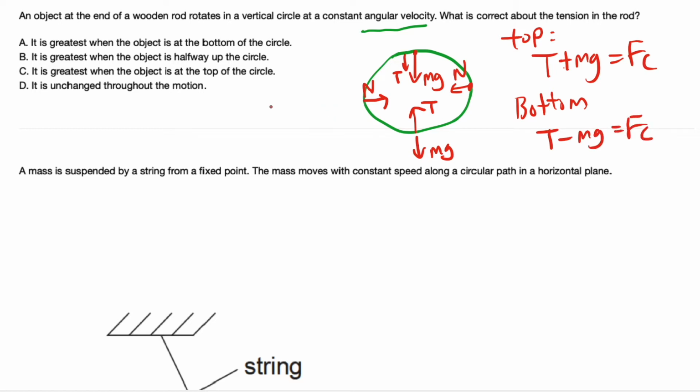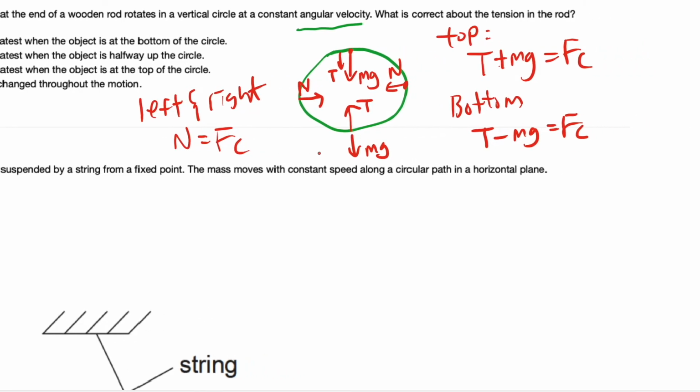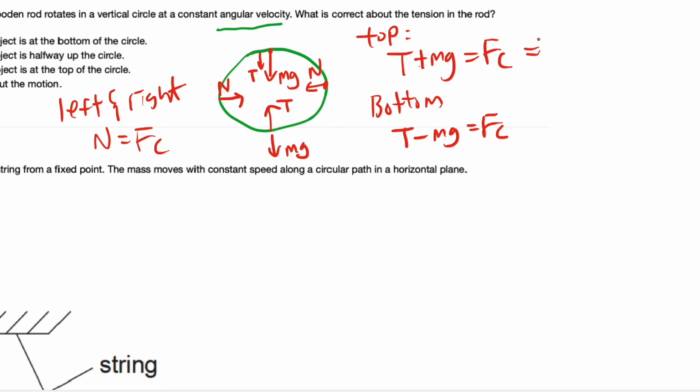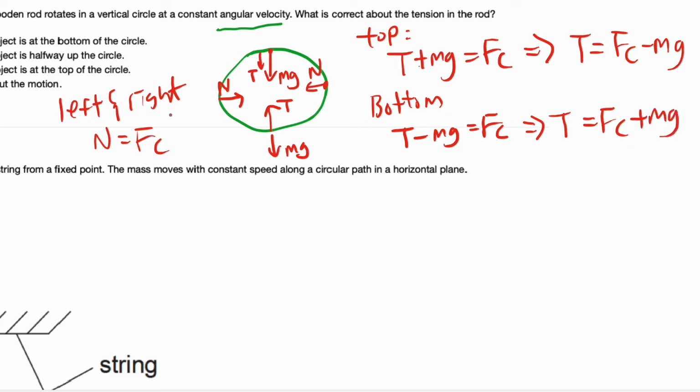And on the right or left, your normal force is equal to your centripetal force. So from here we know that your tension is going to be equal to centripetal force minus gravity. And here your tension is going to be equal to centripetal force plus your gravity. And here it's just going to be equal to centripetal force.